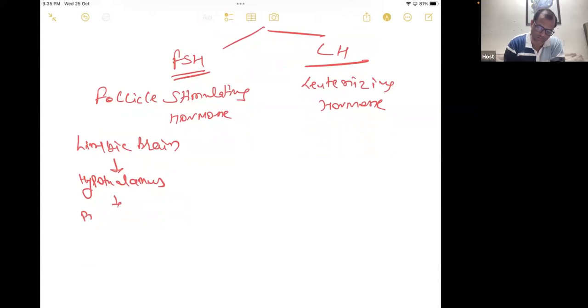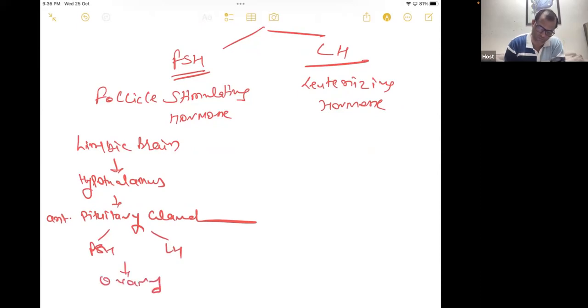Then hypothalamus commanding the anterior pituitary gland. Now anterior pituitary gland secreting FSH and LH. They will work on ovary. इनका काम अब ओवरी पर होगा, right? So now we will be discussing about the ovary. अब हम ओवरी तक पहुंचेंगे.